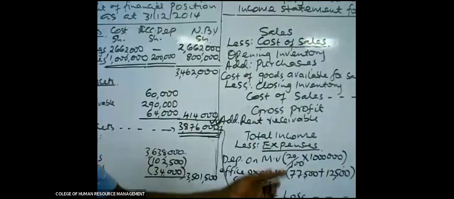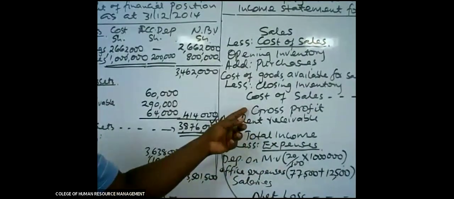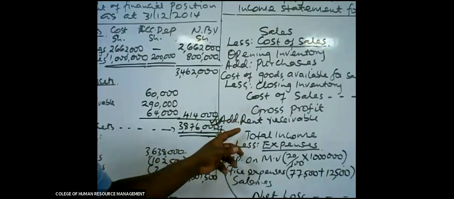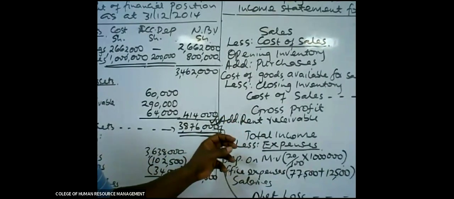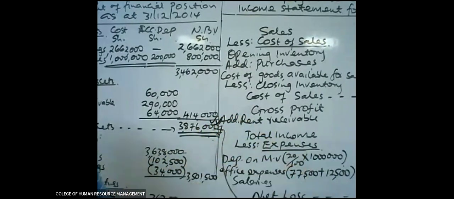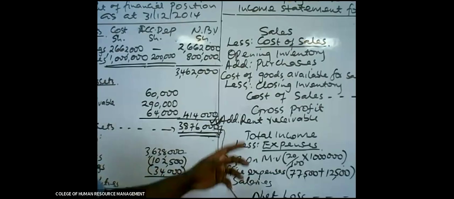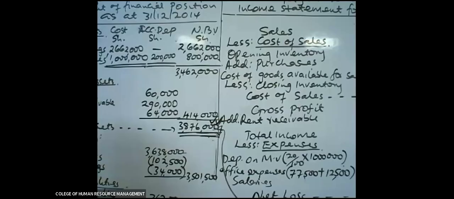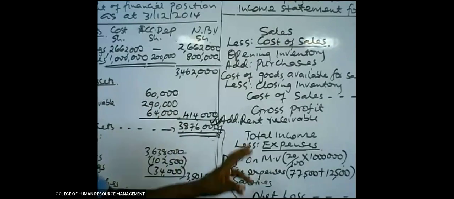Rent receivable is money coming in, so it is an income, under the other incomes. It is not something that we can go and find in the business. It is money generated, the income generated from rent, income generated from interest. This is not an asset.